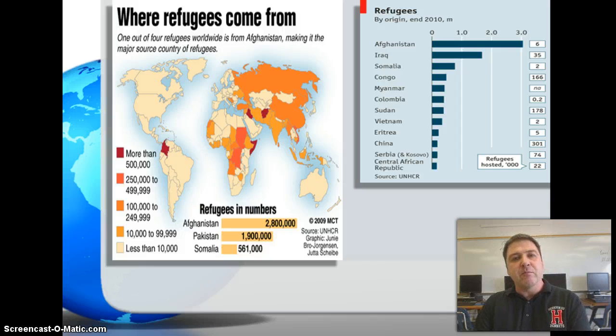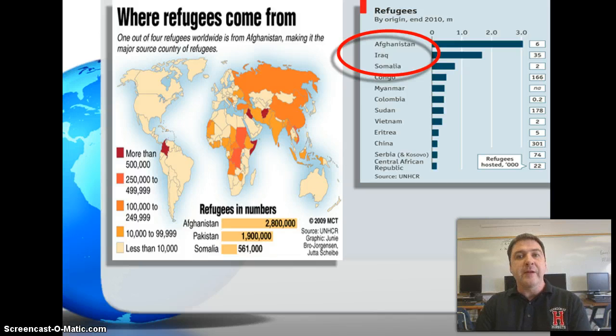We see here on these maps and charts, at least in 2010, where these refugees come from in the largest numbers. We can see, at least in 2010, Afghanistan, Iraq, and Somalia were the three countries that produced the most refugees.